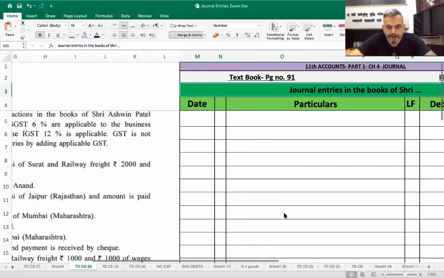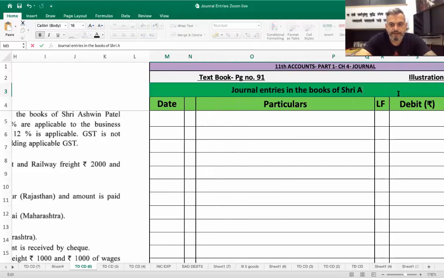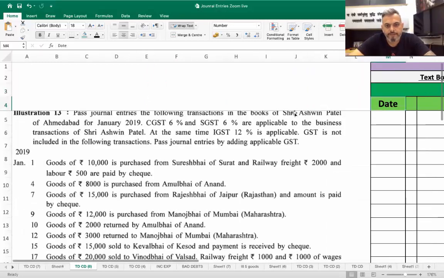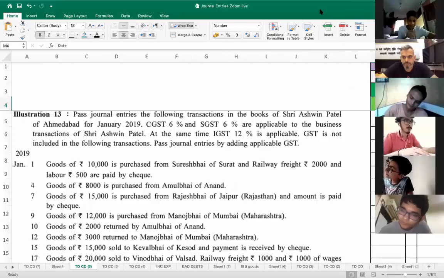Now, write the heading: journal entries in the books of Shri Ashwin Patel. Now you know Ashwin Patel is of Ahmedabad. It means the business is registered in Gujarat state. So any transaction that happens within Gujarat is within state, or intra-state. Got it, all of you?